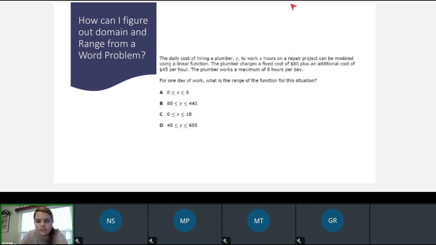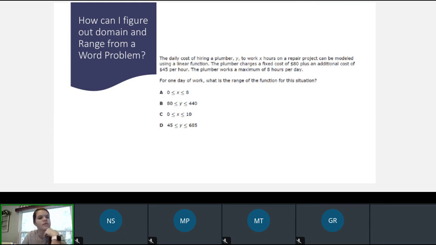Okay, so let's go ahead and read through this problem. It says the daily cost of hiring a plumber, Y. So Y is the total cost, daily cost. Daily cost of hiring a plumber to work X hours on a repair project can be modeled using a linear function. The plumber charges a fixed cost of $80.